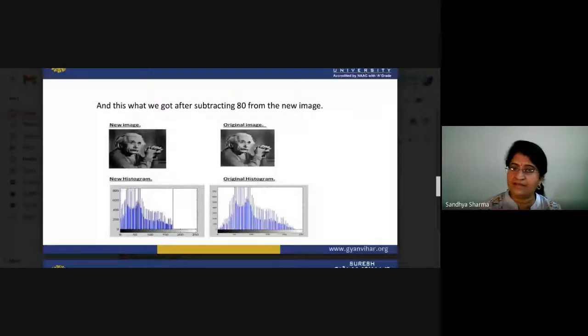And if you want to convert your image into a darker one, you have to subtract a particular value from all the pixel values of your image. That is the technique. By using this technique we can make our image brighter or less bright.